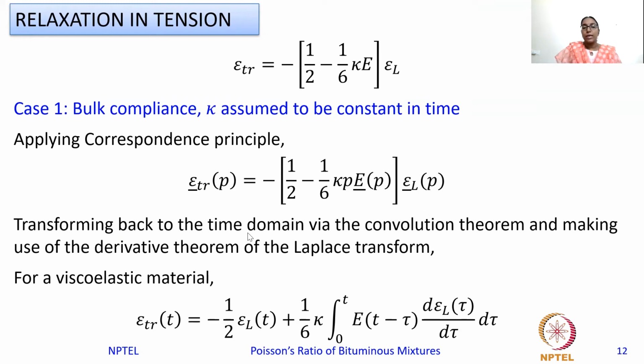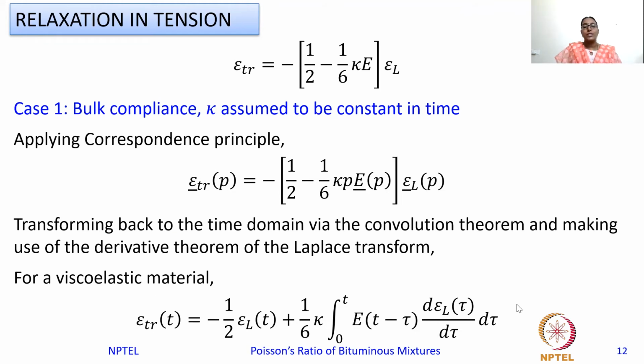Now, transforming back to the time domain via the convolution theorem and making use of the derivative theorem of the Laplace transform, for a viscoelastic material, we can get epsilon TR of t, that is, the time-dependent transverse strain, is equal to minus half into the time-dependent longitudinal strain plus 1 by 6 kappa integral 0 to t E(t minus tau) into d epsilon L(tau) by d tau into d tau.